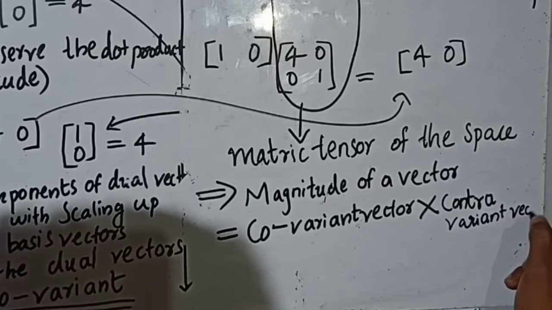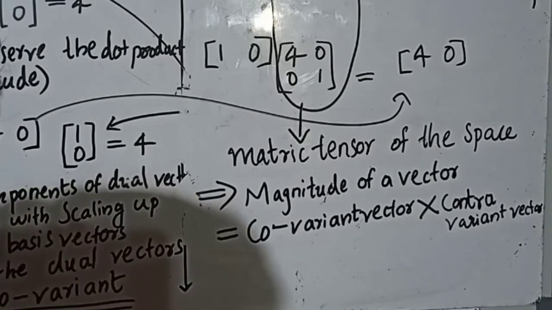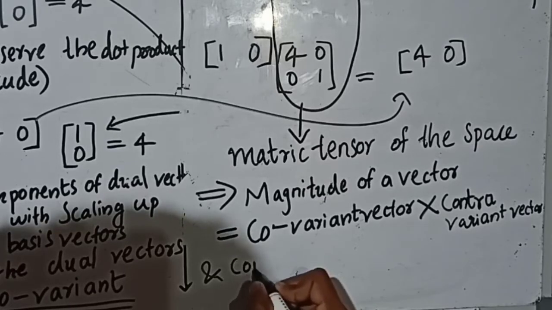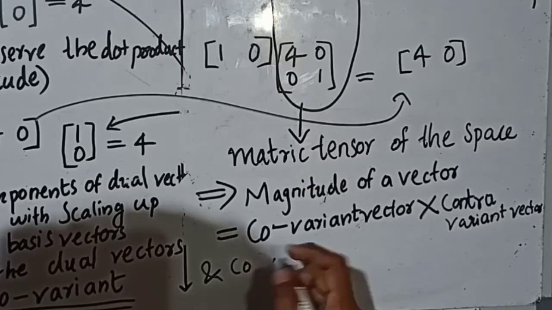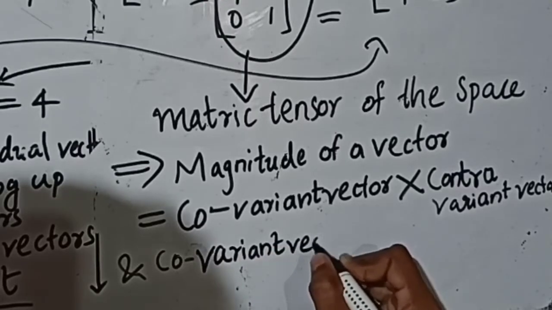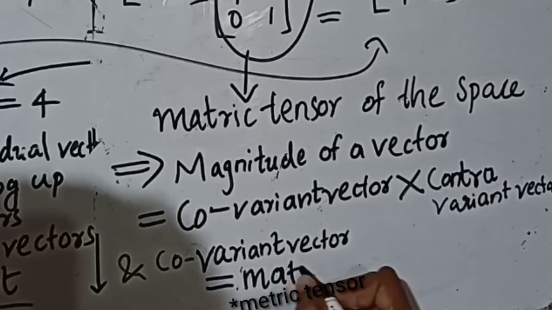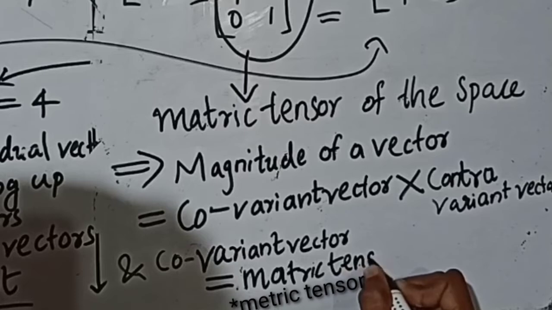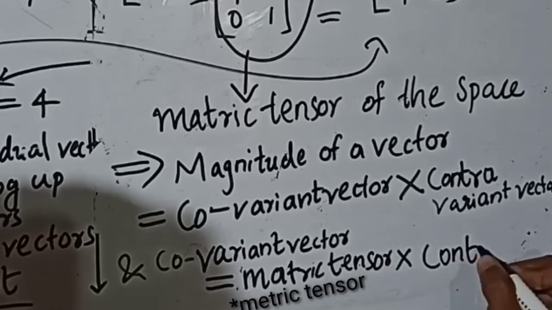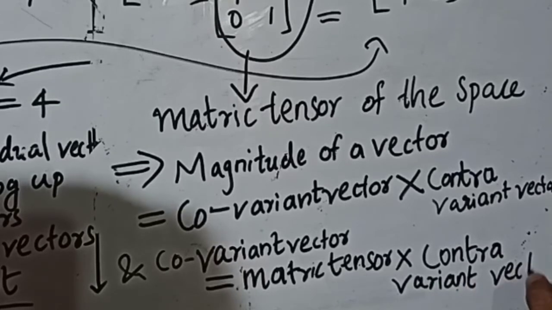And a covariant vector is equal to the metric tensor times a contravariant vector.